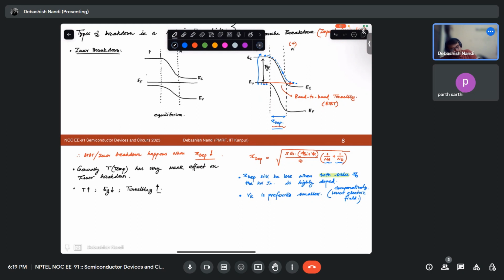Okay, so breakdown voltage decreases, right? At a lesser voltage, you will have better tunneling.